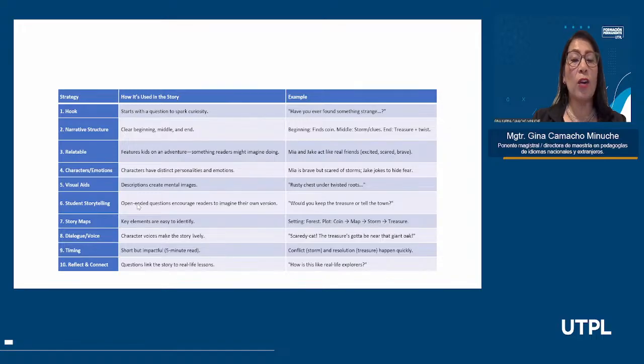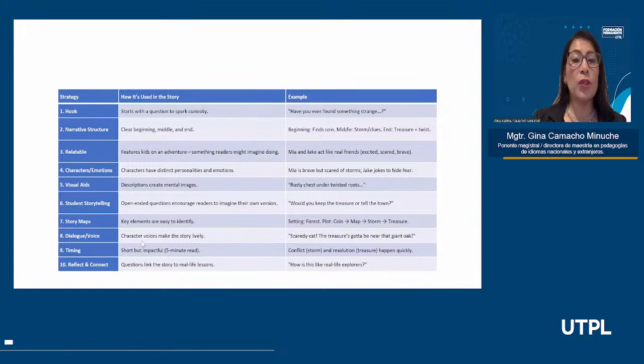Student storytelling, open-ended questions, encourages readers to imagine their own version. Would you keep the treasure or tell the town? Story maps. Key elements are easy to identify. Setting, forest; the plot may be the coin, map, storm, treasure.